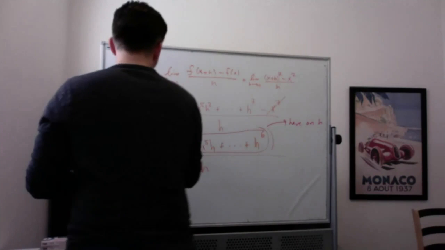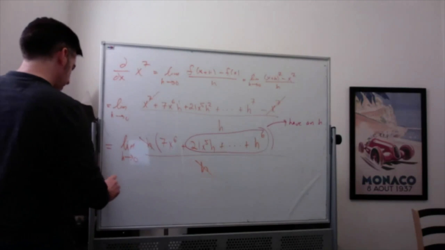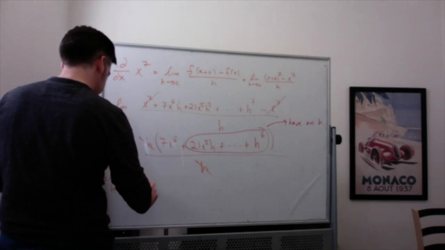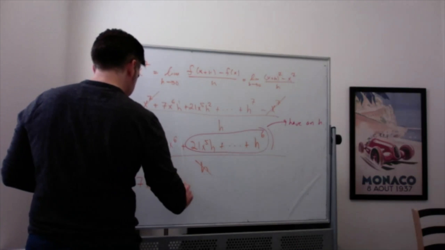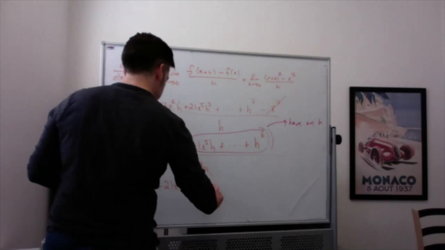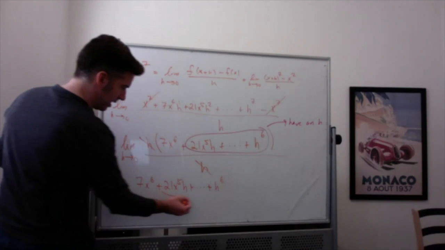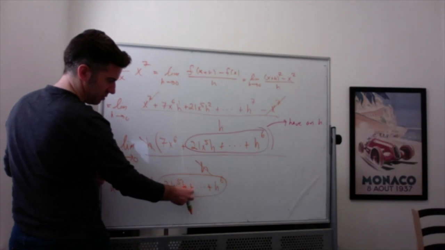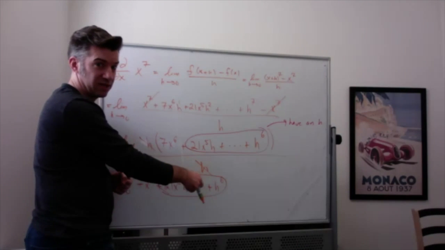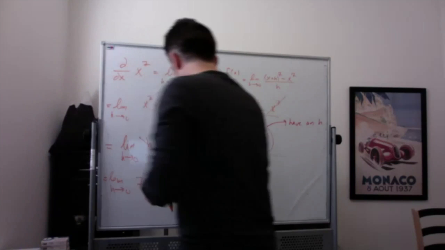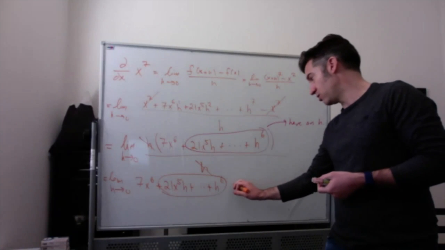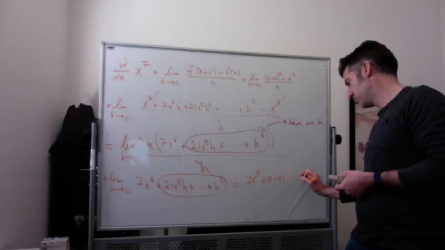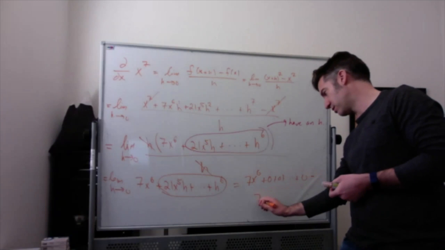So when I cancel this h here, if I take the limit as h goes to 0 of 7x to the 6th plus a bunch of things that all have an h in them, all those are going to go to 0. So you're just going to get 7x to the 6th plus a bunch of zeros, which is going to be 7x to the 6th.